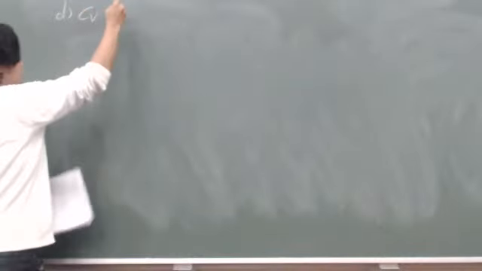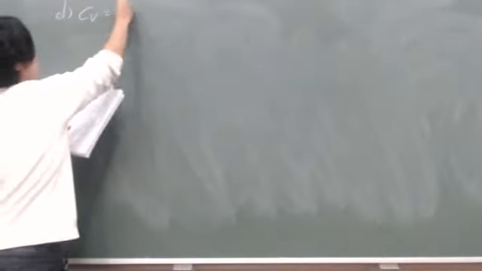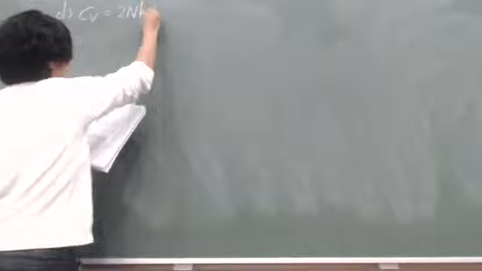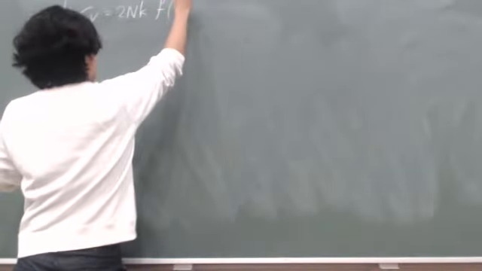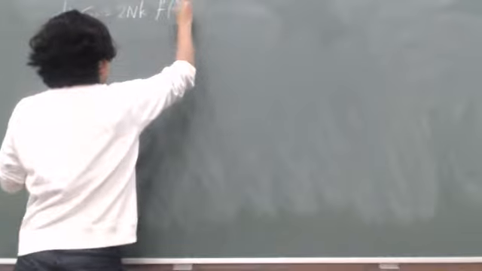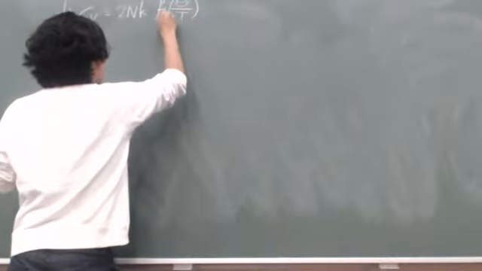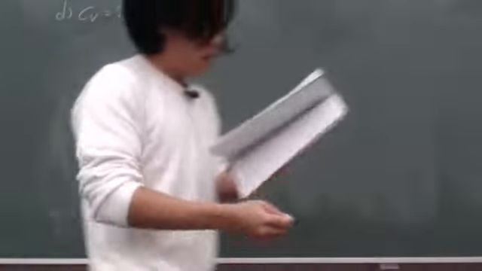Show that CV looks like 2N times k, and then times some function of theta divided by temperature in 2D. So show that CV looks like that. Okay.